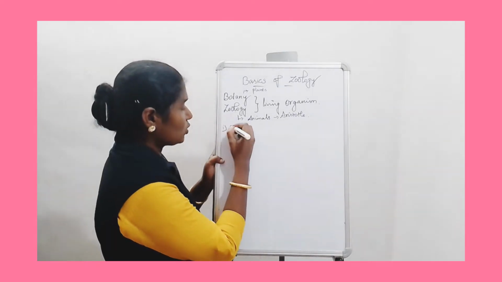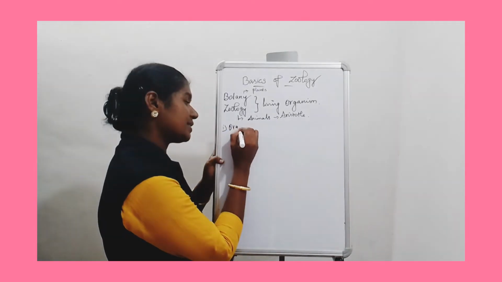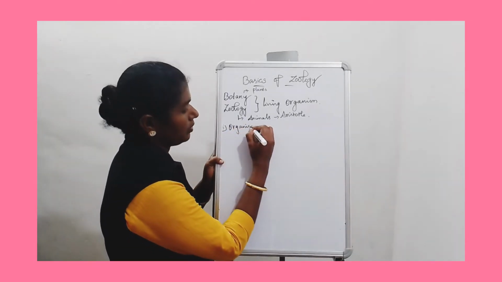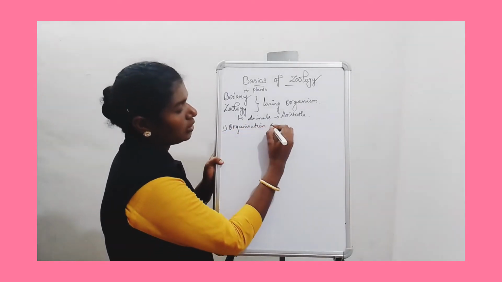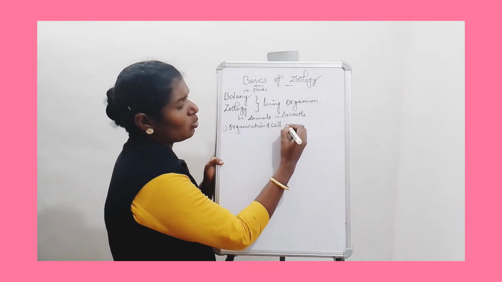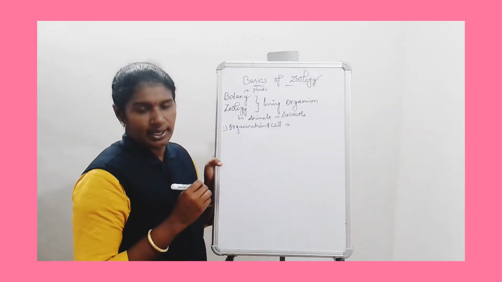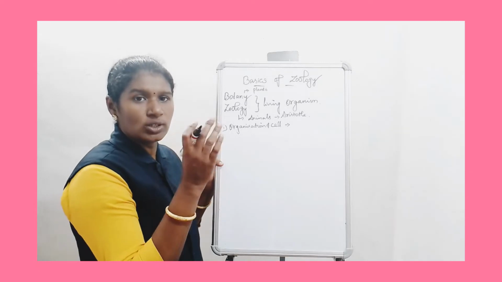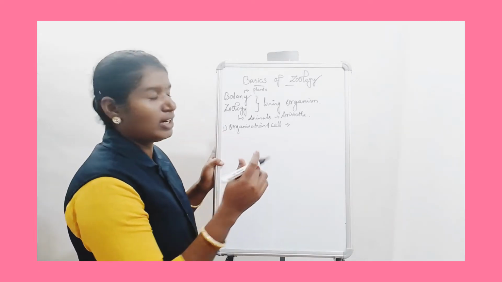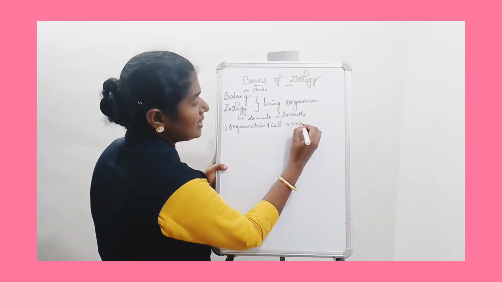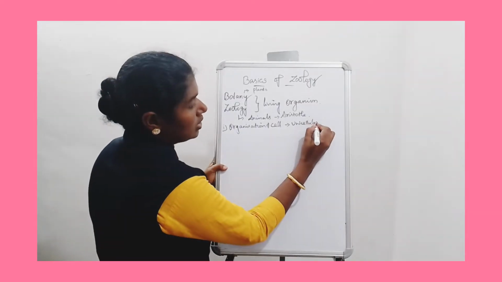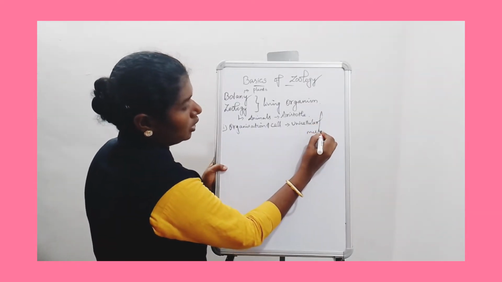First one, organization of cell. So you know what is meant by organization of cell. It's based on the cell. We are classified into unicellular as well as multicellular.